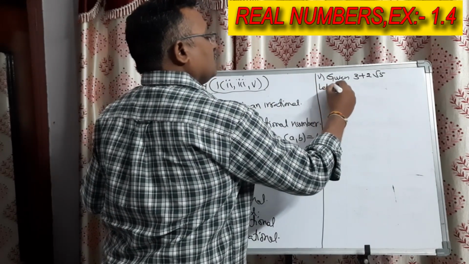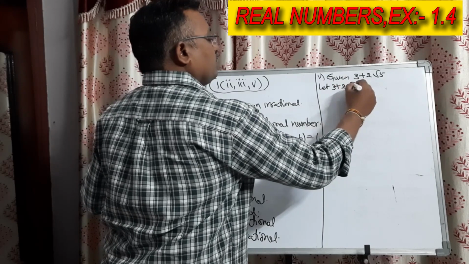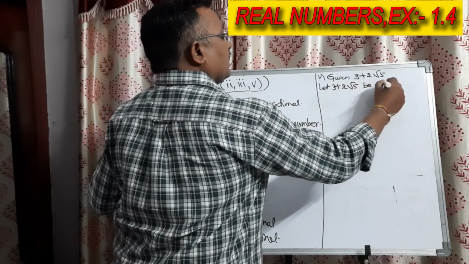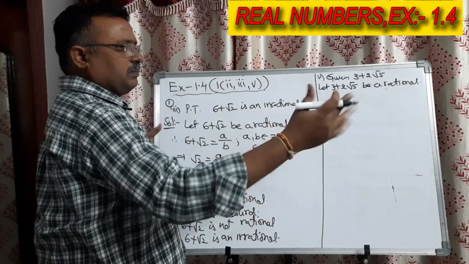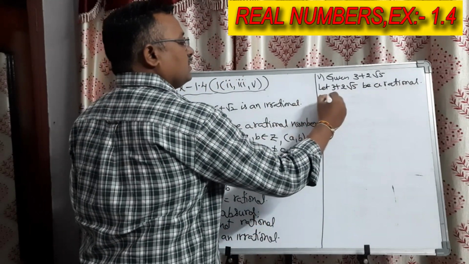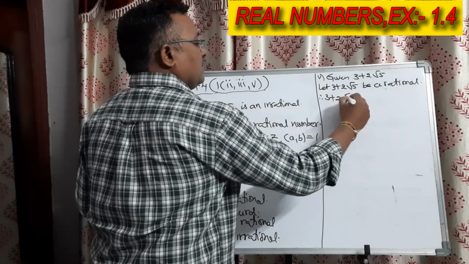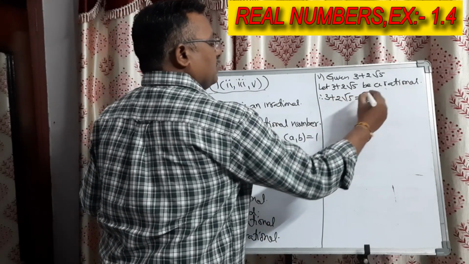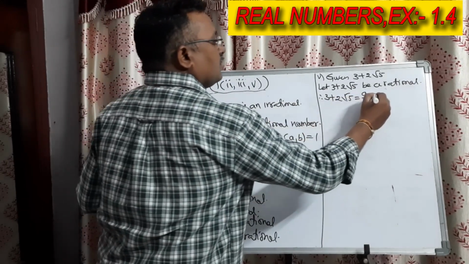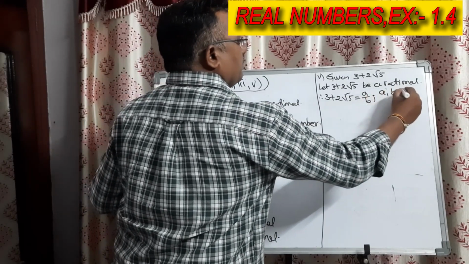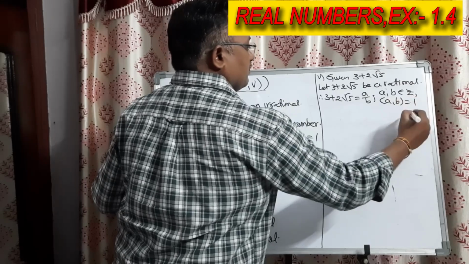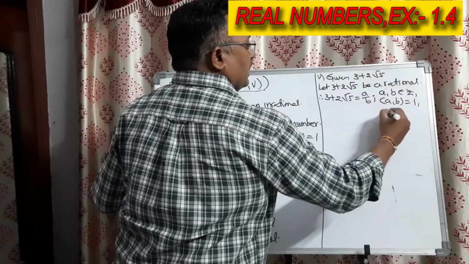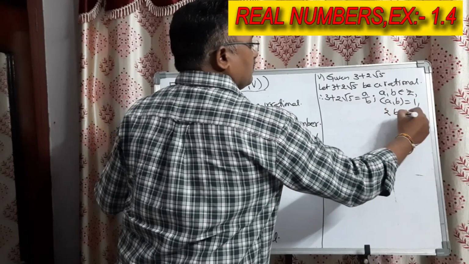Let 3 plus 2 root 5 be a rational number. Therefore, 3 plus 2 root 5 can be written as a by b or p by q, where a, b belong to Z, the ordered pair (a, b) is equal to 1, coprime, and b is not equal to 0.